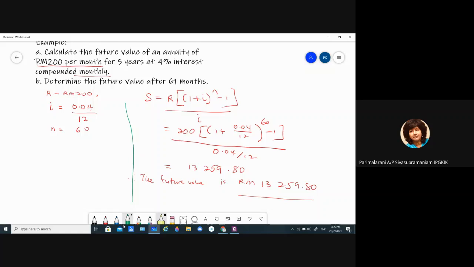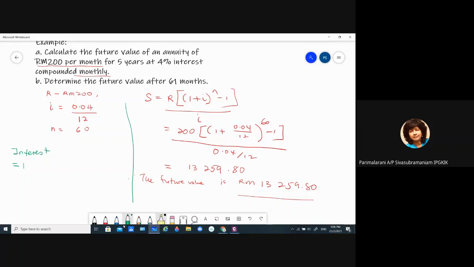You put in 200 every month for 5 years. At the end of 5 years, you get 13,259 ringgit and 80 cents. How much is the interest that you earned? Future value minus present value. What is the present value? 200 times 60. Yes, your calculation is correct, but we don't call it the present value, okay?